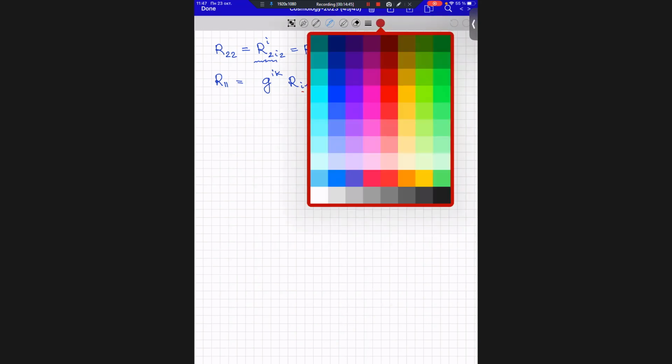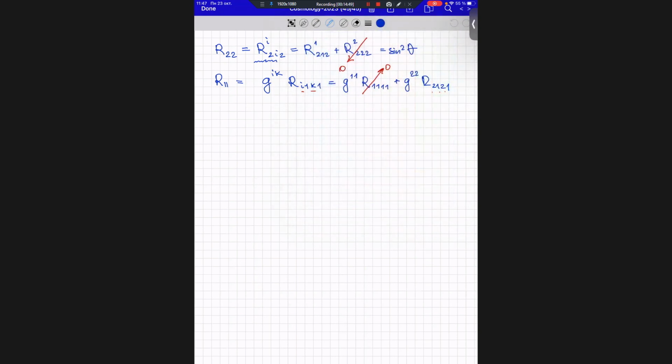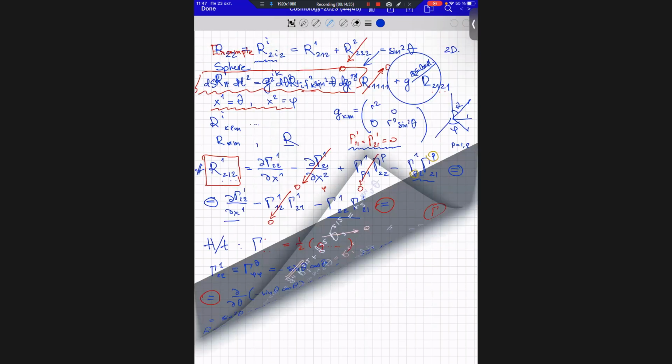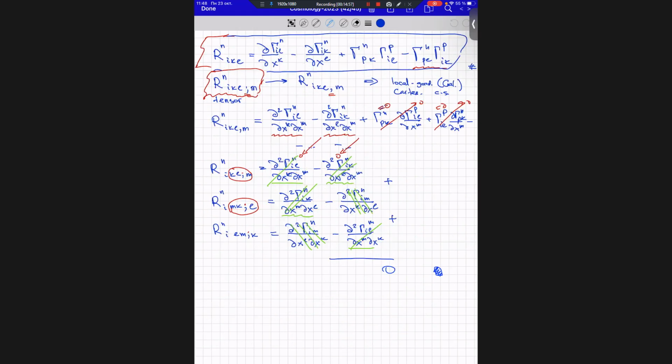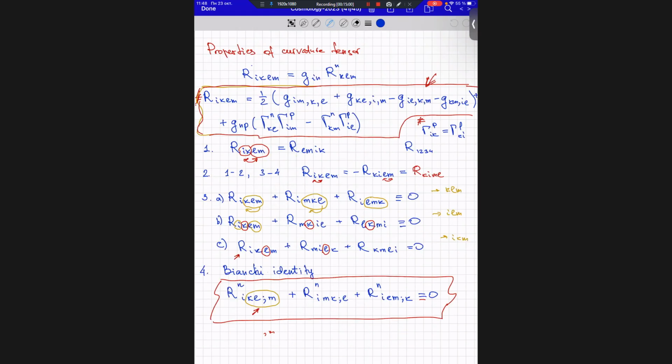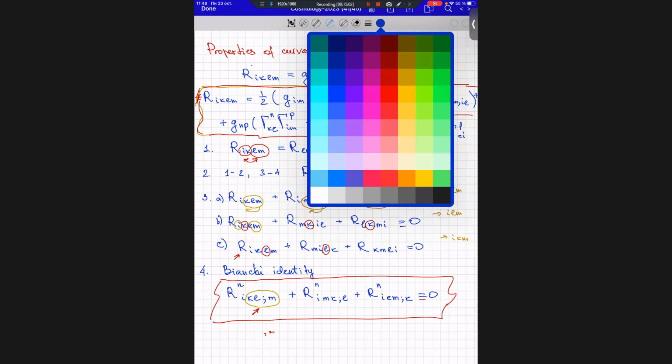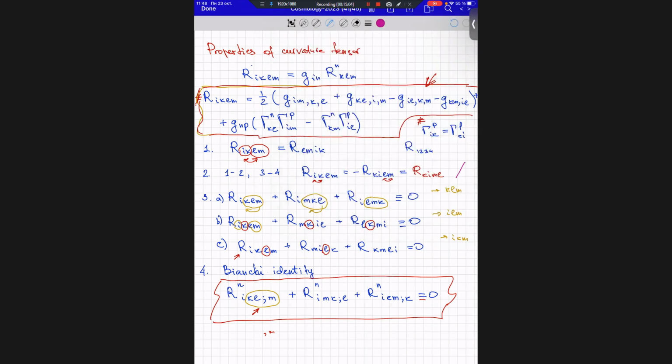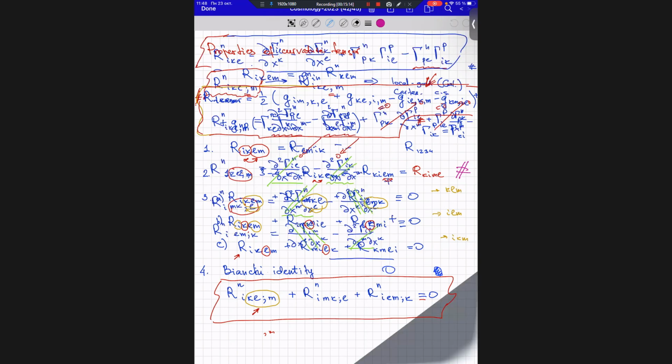We remember that the Riemann tensor is antisymmetric if we change the indexes within a pair. So let's look at this property. The Riemann tensor changes sign when we have a permutation inside a pair.